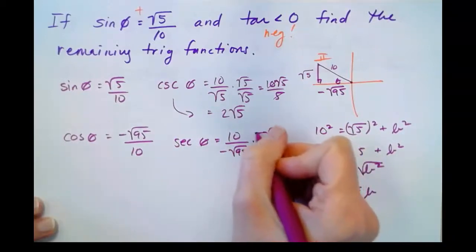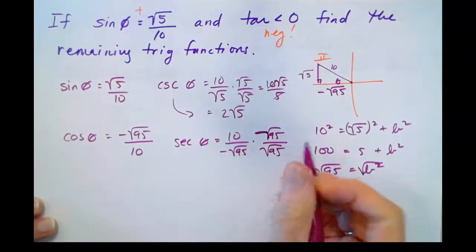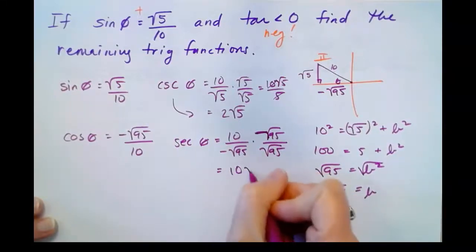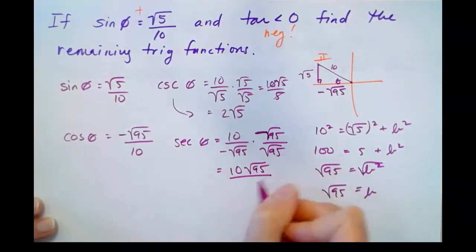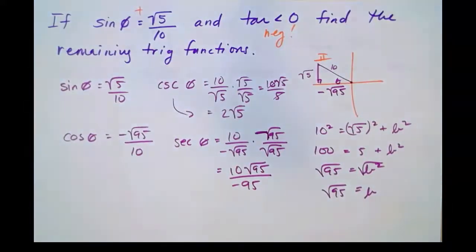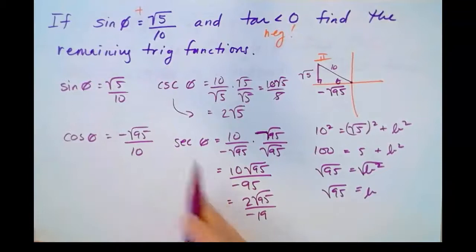I really don't need a negative there, because the whole thing is definitely staying negative. So that's going to be 10 root 95 over negative 95. Then we can simplify by taking out the 5's. So that is 2 root 95 over negative 19. So there's our sine, cosecant, cosine, secant.